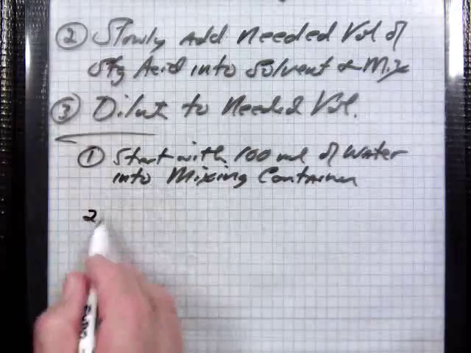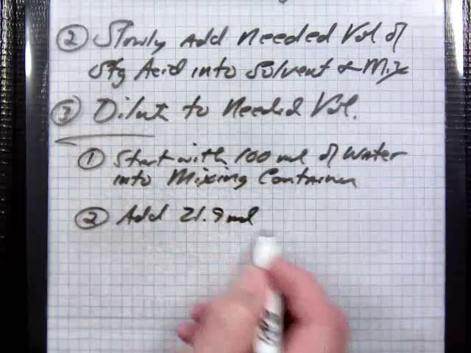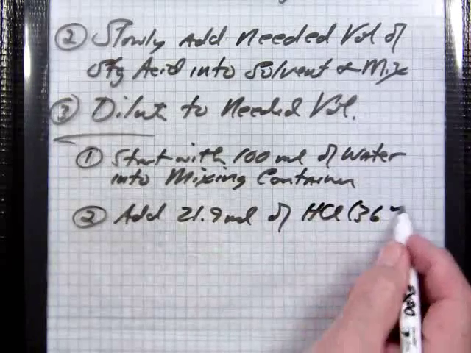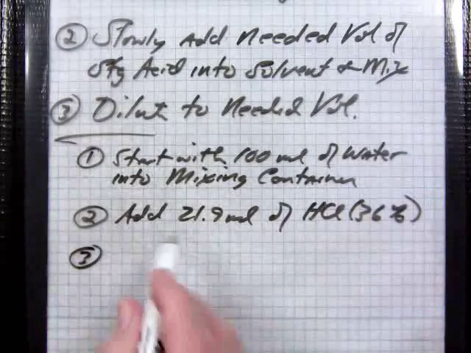And then two, add 21.9 milliliters of HCl 36% stock, and mix that.